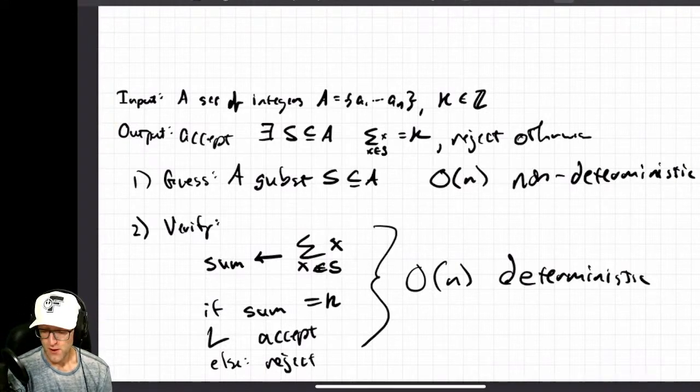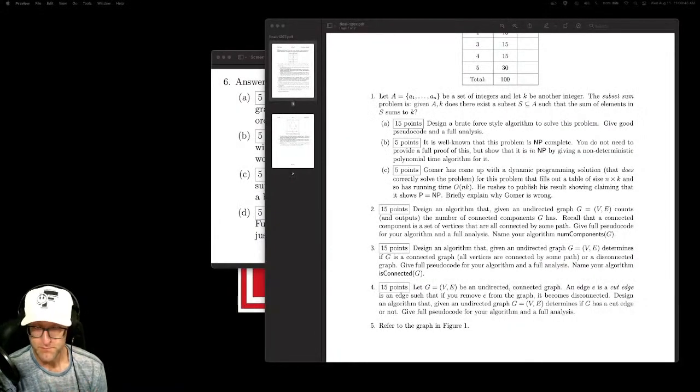Okay. If you wanted to show that it was NP complete, you'd have to show a full reduction from a known NP complete problem, like Hamiltonian path or something like that, in order to complete the proof. But that's not what the final here is asking for.